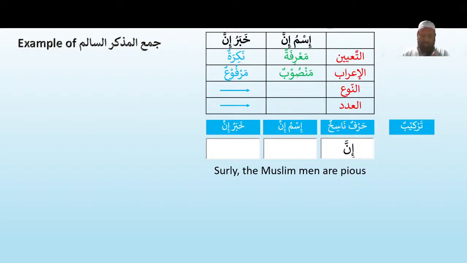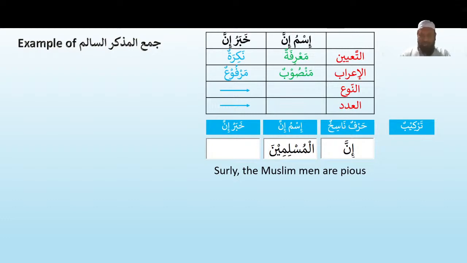We know the plural of Muslim man is Muslimun with the waw, because the default is always marfu case, but over here we need mansub case: al-muslimina.